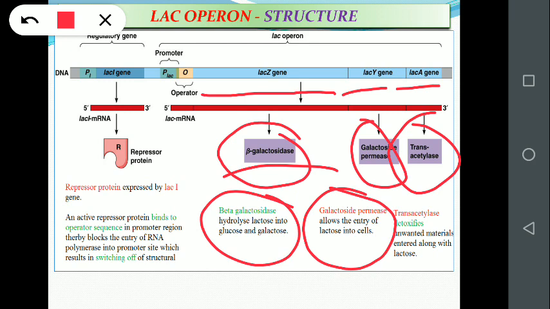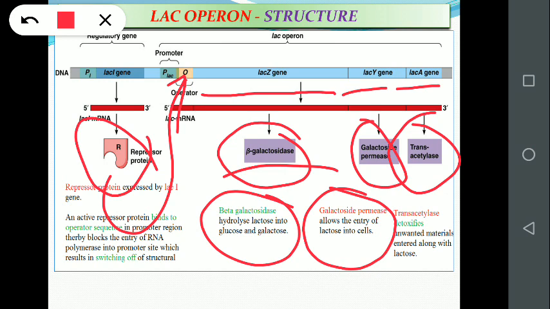Now what happens when the repressor is synthesized? An active repressor is synthesized from the lac-I gene. This repressor comes and binds to the operator. The operator sequence is present inside the promoter sequence, in fact.